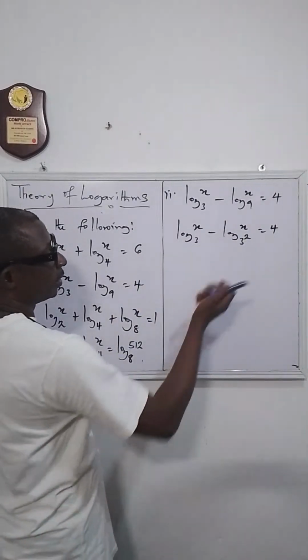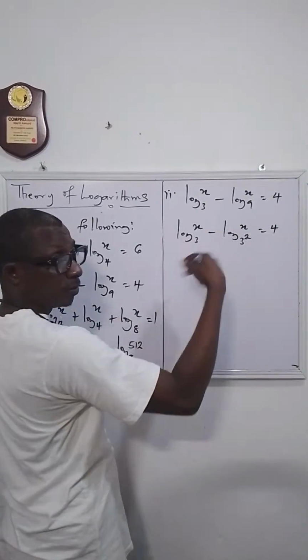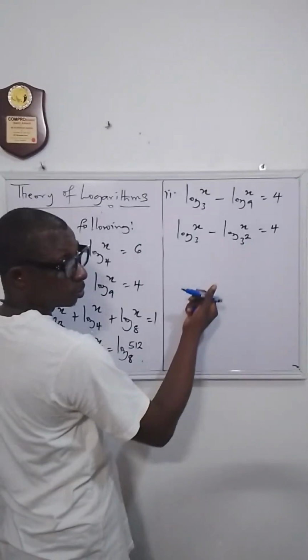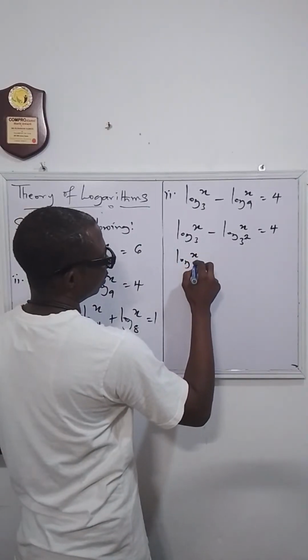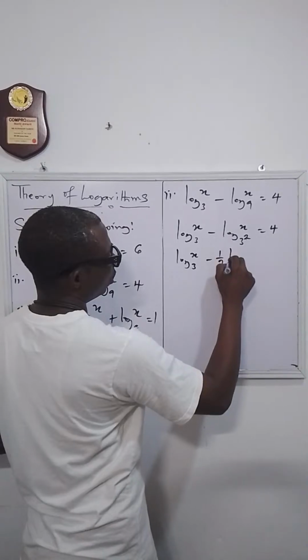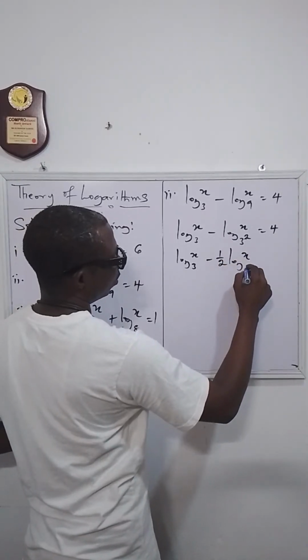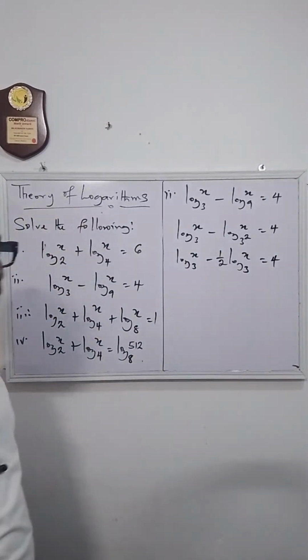The next thing is to bring this power here, and don't forget, once it comes here, you flip it, so you find the reciprocal of 2, that's 1 over 2. So you have log of x base 3 minus 1 over 2 log of x base 3 equals 4. That's what we have.